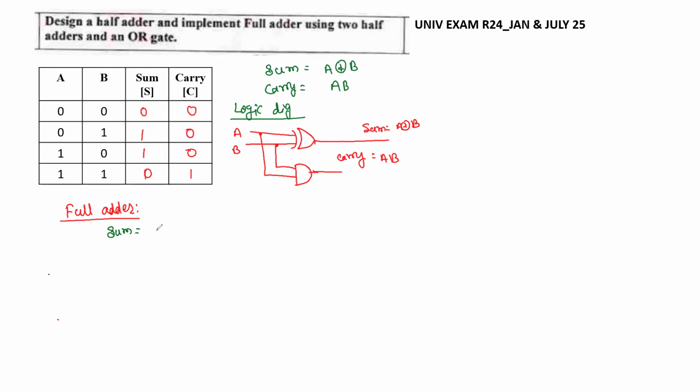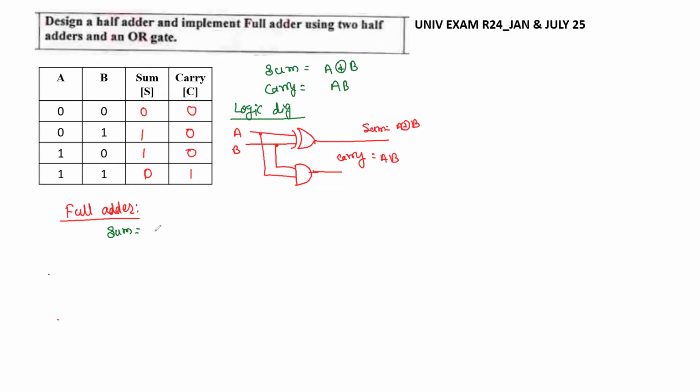In the case of a full adder, we have three inputs, and the third input is the carry from the previous stage. A and B are the two significant inputs, and for C in we take the carry out from the previous addition.